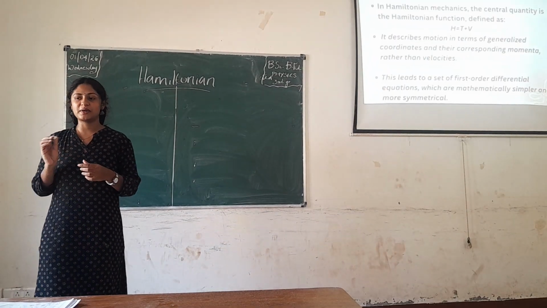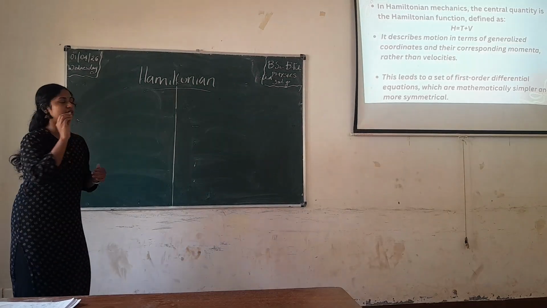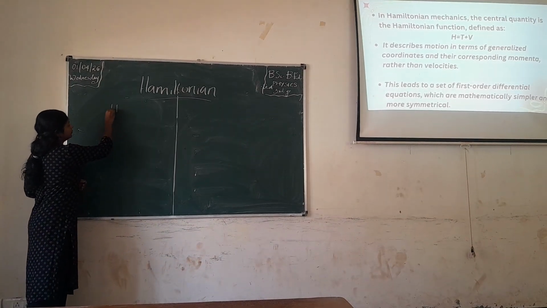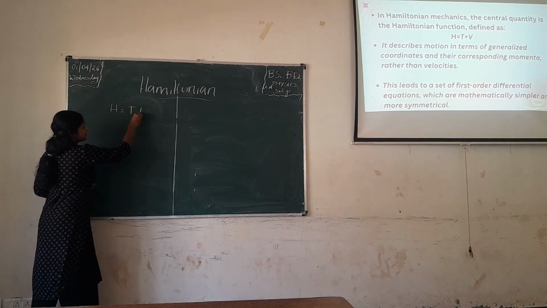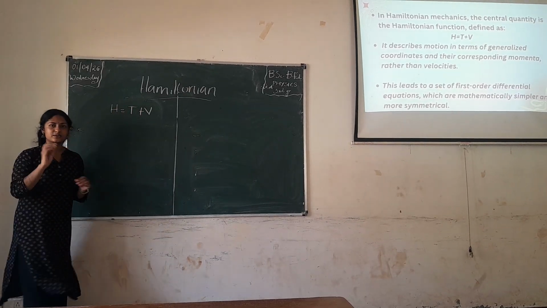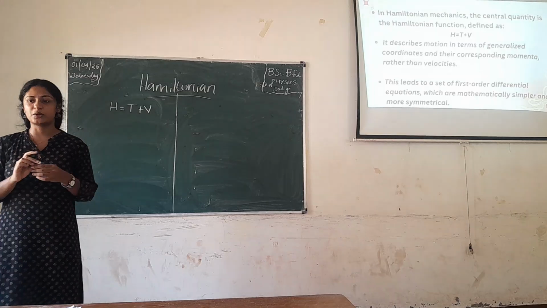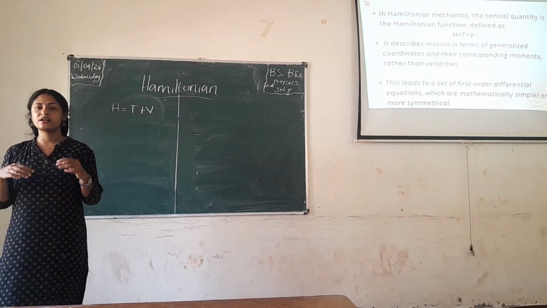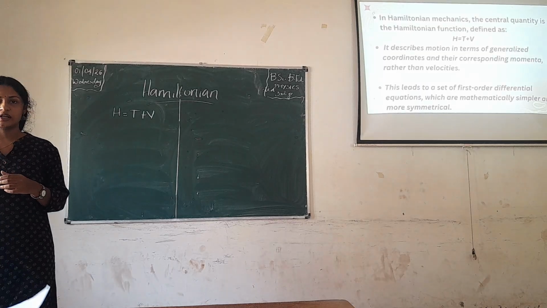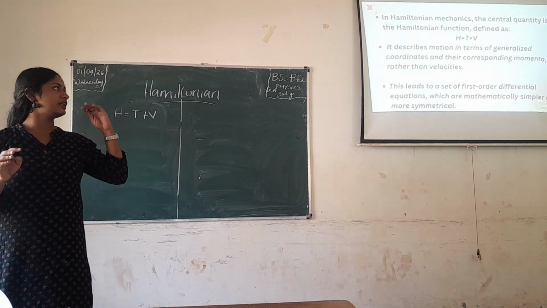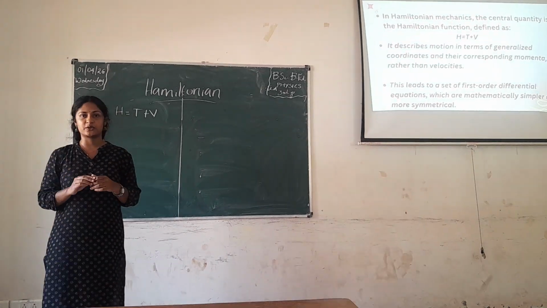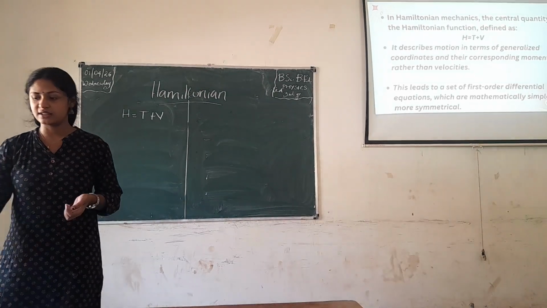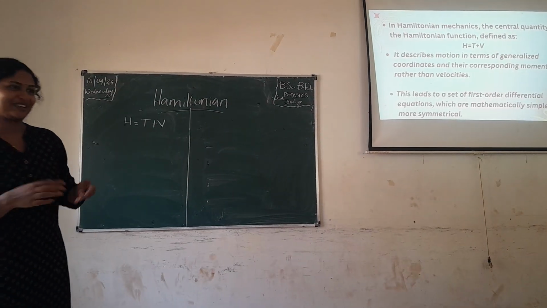In Hamiltonian mechanics, the central quantity, the Hamiltonian H, is given as H equal to T plus V. In Lagrange we use T minus V, but here it is the total energy. It describes motion in terms of generalized coordinates and corresponding momenta rather than velocities. It also leads to two first order equations rather than second order equations, so we can simplify things.